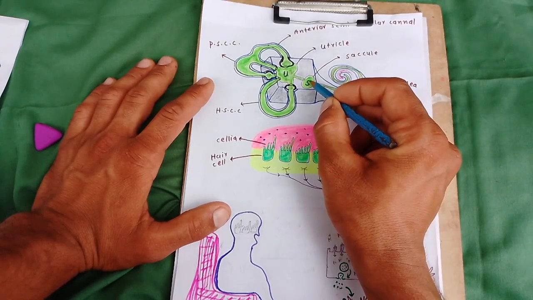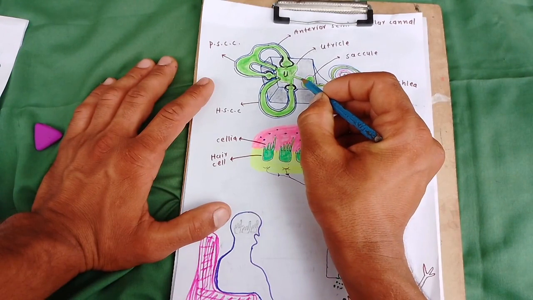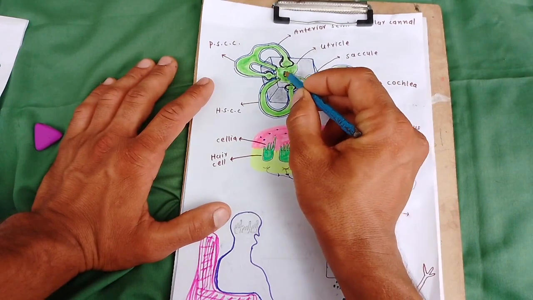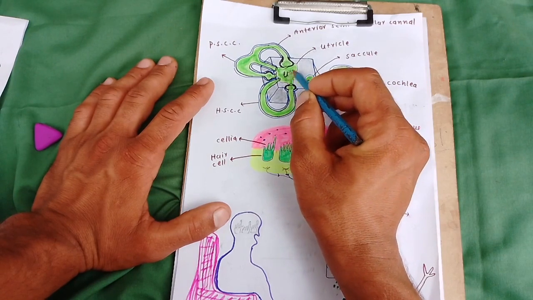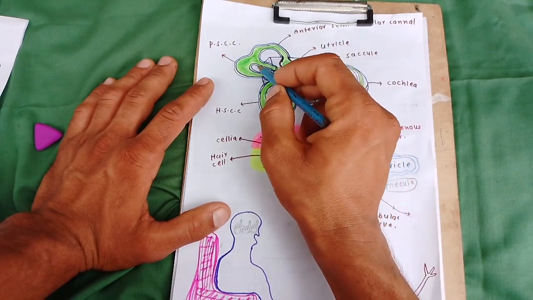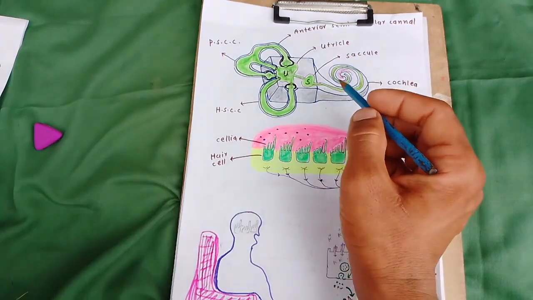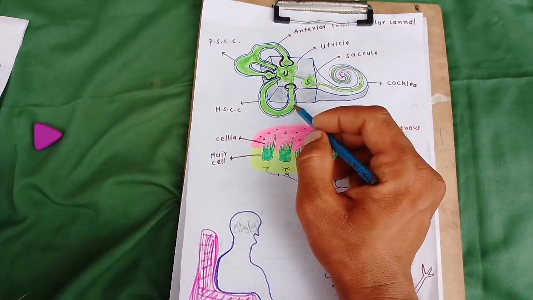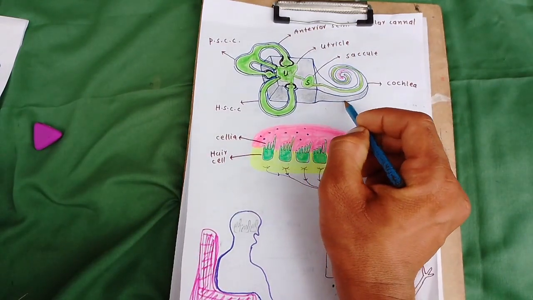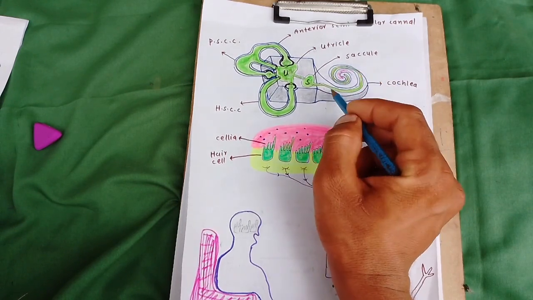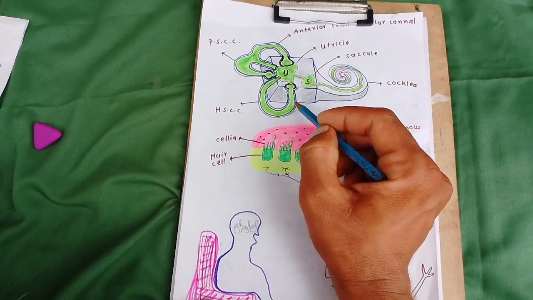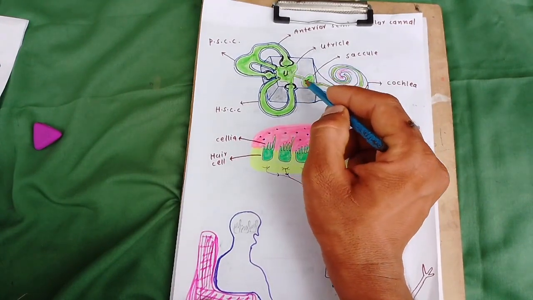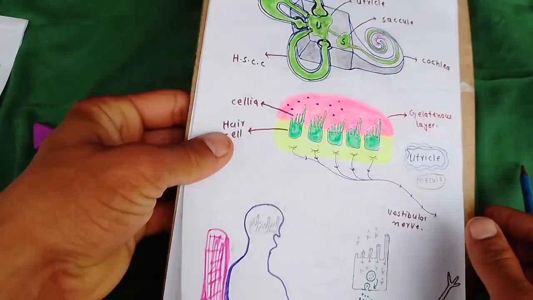This is one chamber which is called the saccule. Then this is another channel, and this channel opens into another chamber called the utricle, and these are the semicircular canals. This is the bony canal, all around the cochlea and all around the vestibular apparatus, the semicircular canals, and these are the membranous channels.